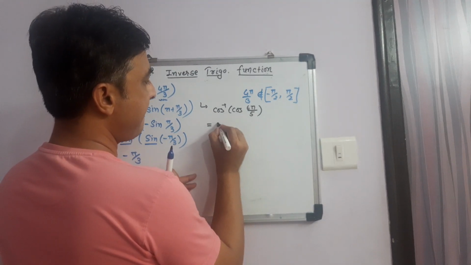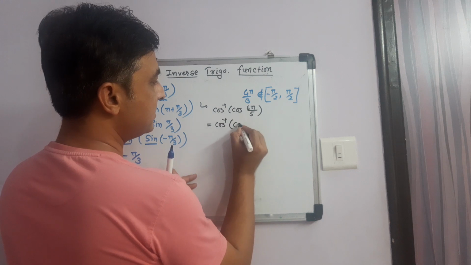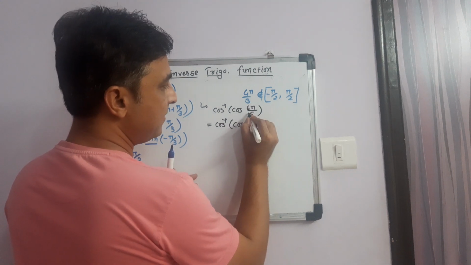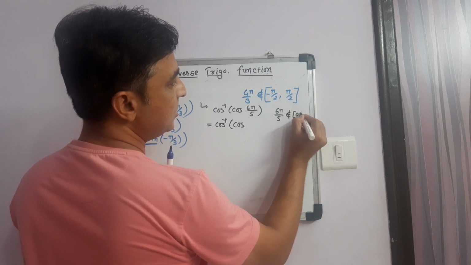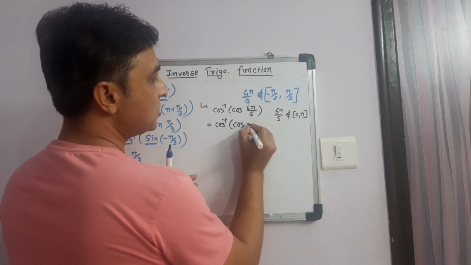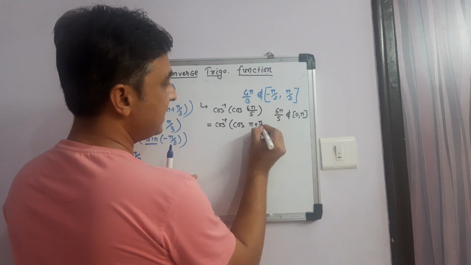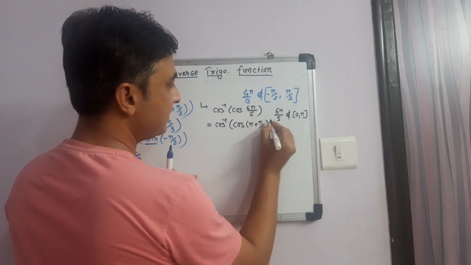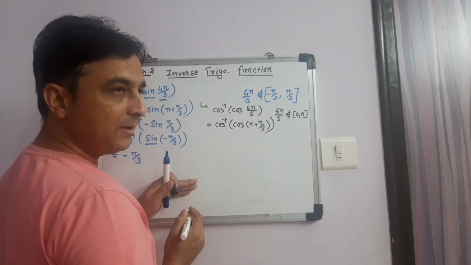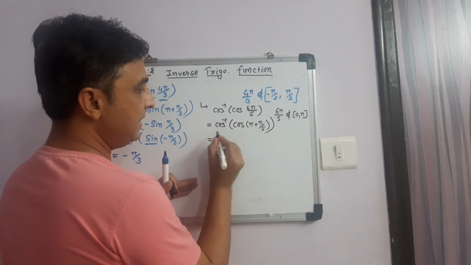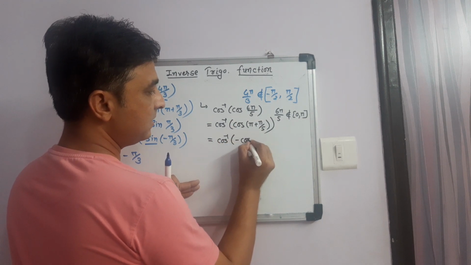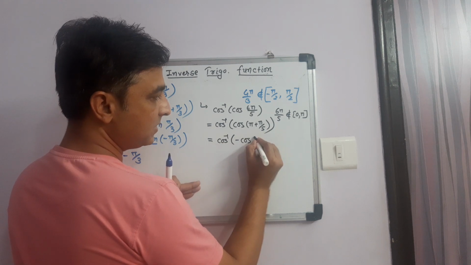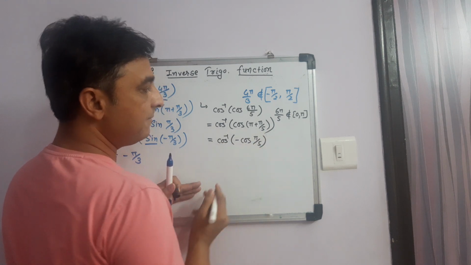See, 6 pi by 5 doesn't belong to the interval 0 to pi, so it can be written as pi plus pi by 5, so it is 6 pi by 5, and cos inverse of minus cos pi by 5.